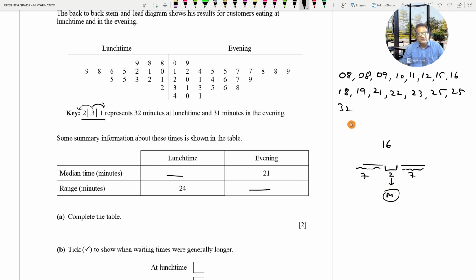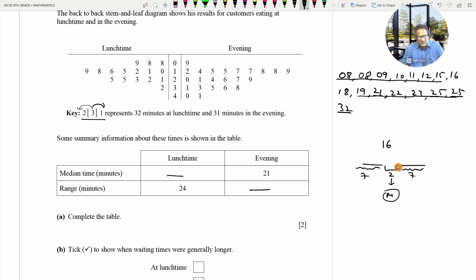Okay. So 7 readings from the left will be this: 1, 2, 3, 4, 5, 6, 7 readings. 7 readings from the right will be this: 1, 2, 3, 4, 5, 6, and 7. These are the 7 readings.